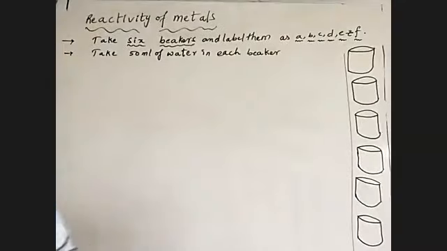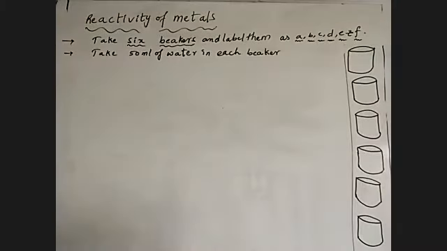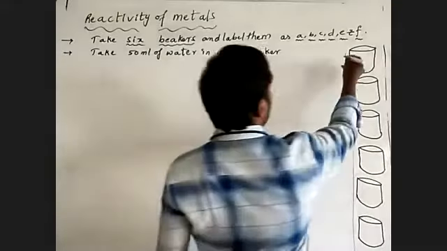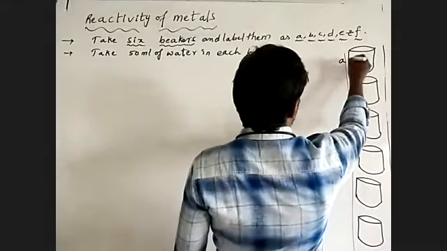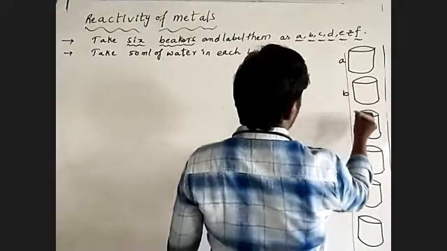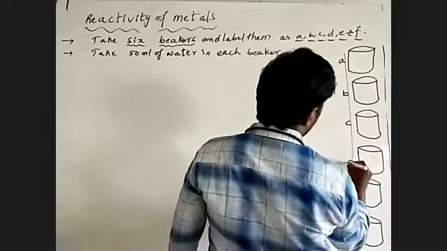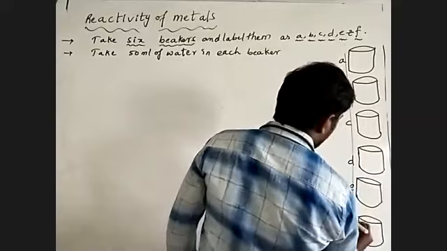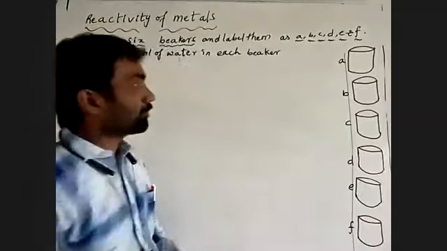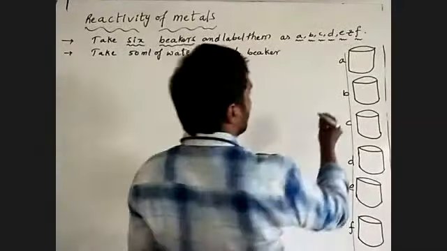Is that visible to you? So this is A, B, C, D, E, F. 6 beakers.